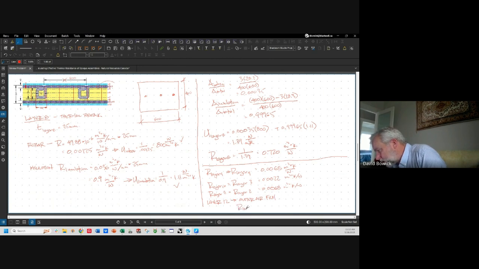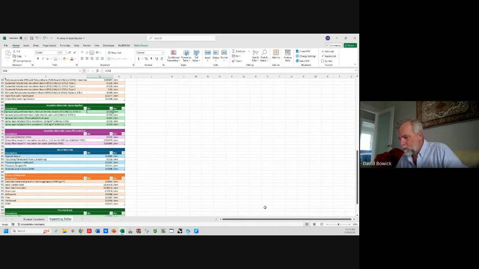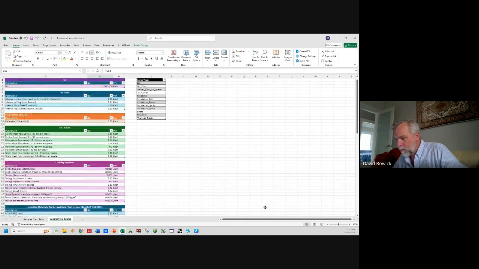Layer 12 R equals, and we're going back to our table of R values. Air films, exterior ceilings, floors and walls, winter: 0.03. This is interesting.